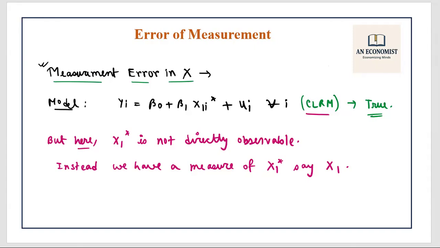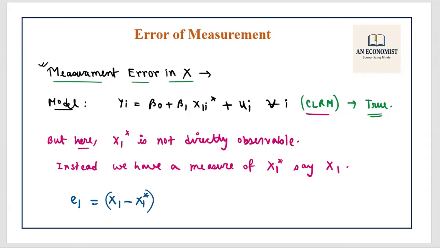So instead of x1 star, which is the original explanatory variable, we will work with x1. And this will give rise to what we call the measurement error. So see, suppose the relationship is like this. Suppose e1 is the measurement error, it looks like x1 minus x1 star.